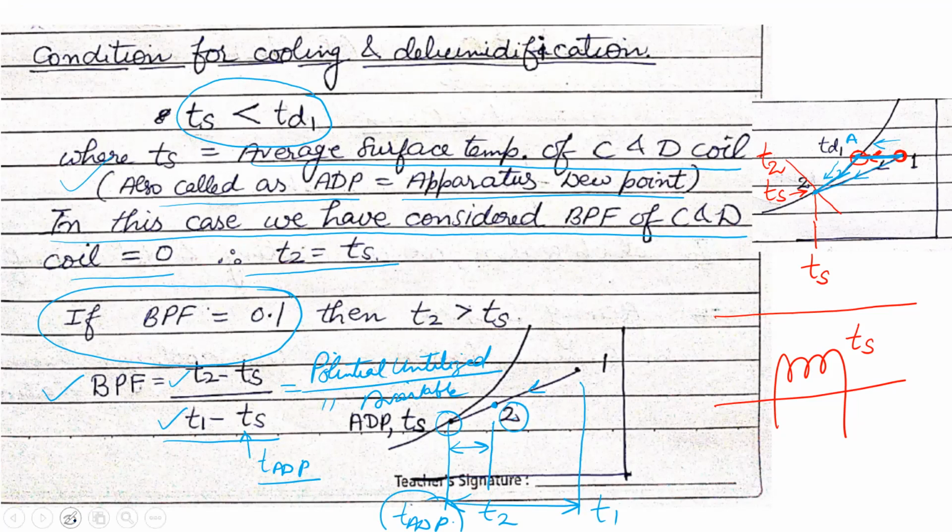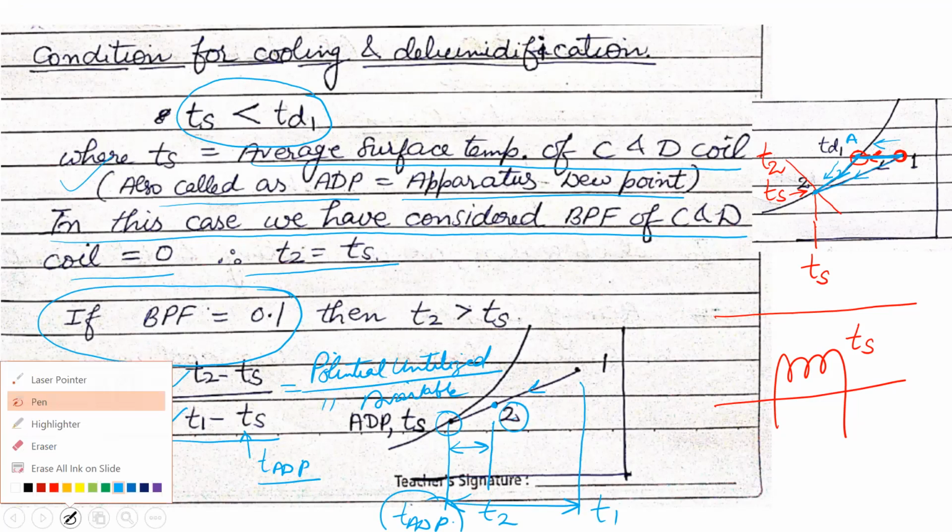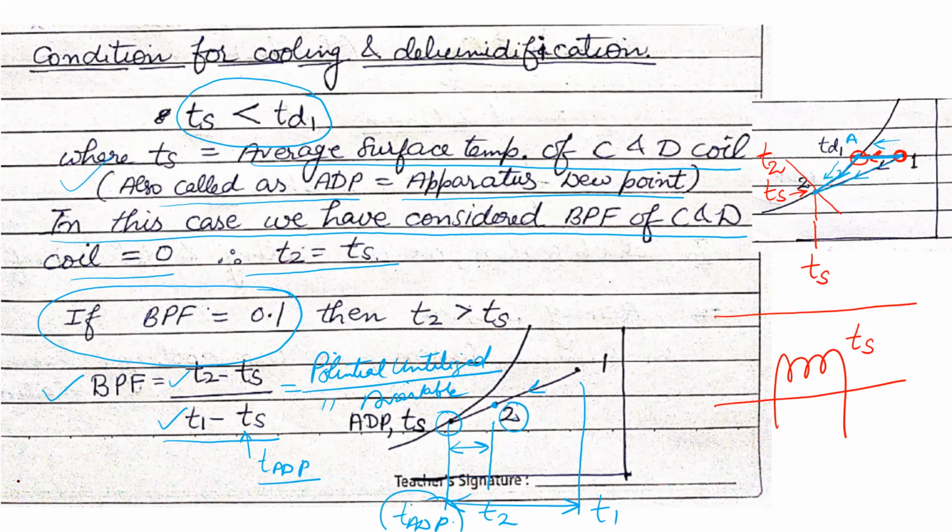If we want to define the efficiency, we can define it by the formula: efficiency of the cooling and humidifying coil is equal to potential utilized divided by the potential available. So the potential utilized is actually T1 minus T2, divided by T1 minus TADP.